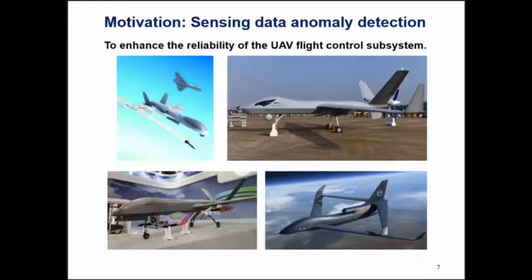As we all know, the sensor may become faulty when it is installed in a UAV, and the wrong output data of the sensor may lead to wrong decisions and cause catastrophe.